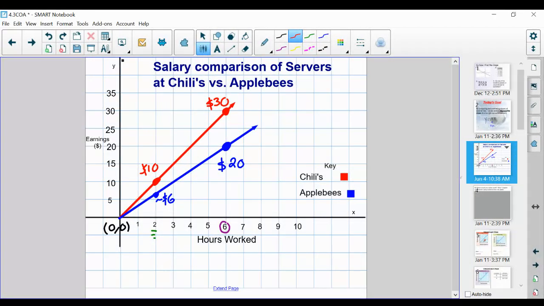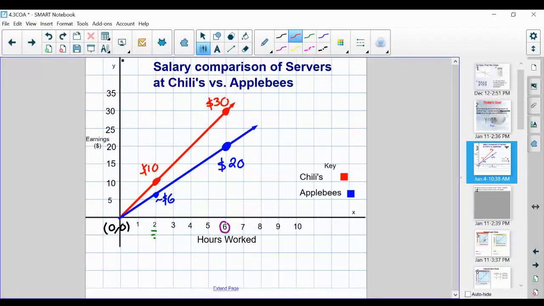So we're seeing that as we start to work more hours, this difference between the companies really starts to show. If we compare 2 hours, Chili's gave you $10, Applebee's gives you about $6, and that's a $4 difference. Then as you work more hours and you get to 6 hours, Chili's gives you $30 and Applebee's gives you $20. Now we're at a $10 difference. So as we continue to move forward, we're going to generate more money if we work at Chili's than if we work at Applebee's.